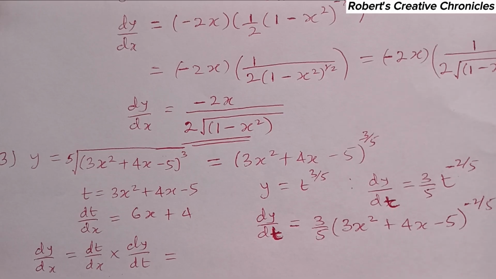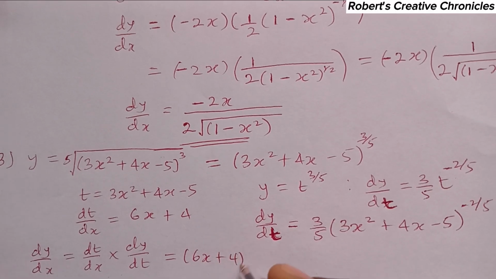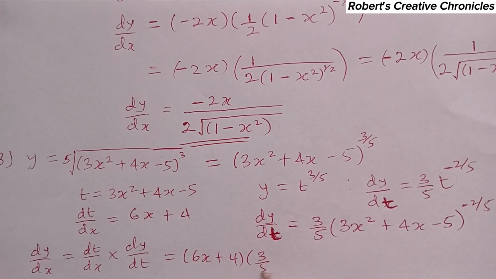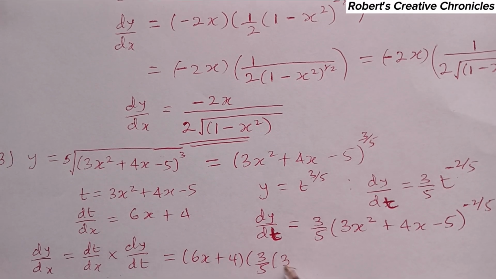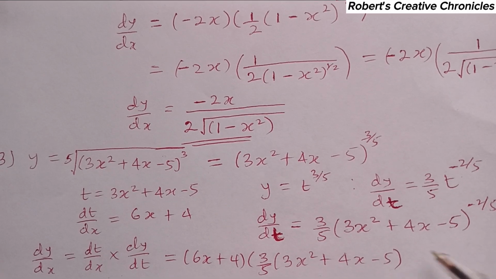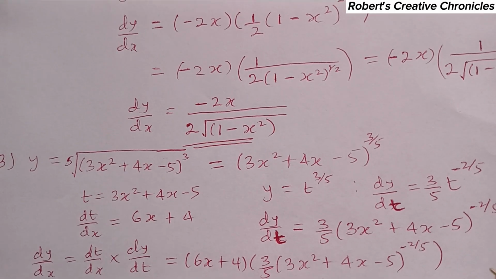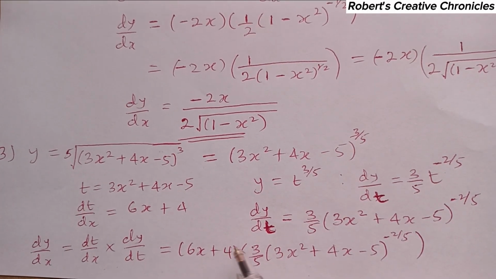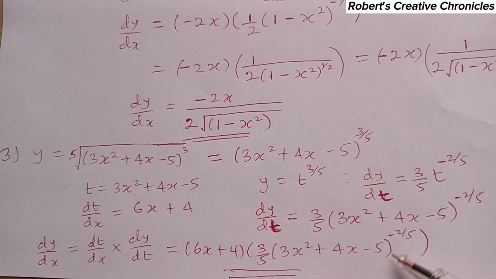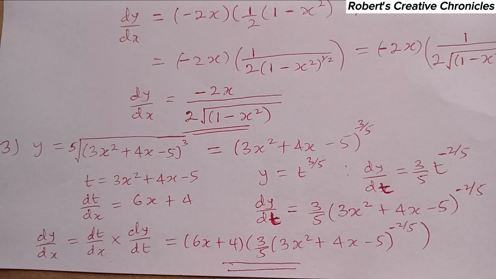So this is dt over dx, 6x plus 4, multiplied by this. So it's 3 over 5, 3x squared plus 4x minus 5, to the power of minus 2 over 5. So this is the final answer. We can leave it like this, or if you want to, you can further simplify it. But this is also correct. This is the final answer.